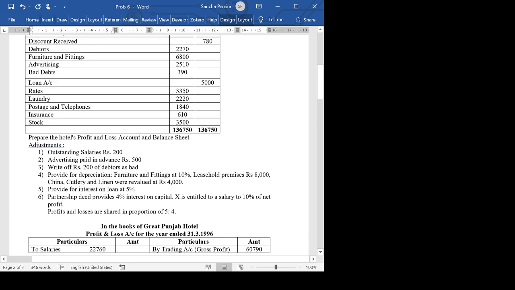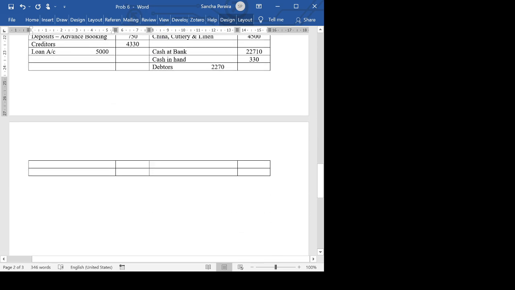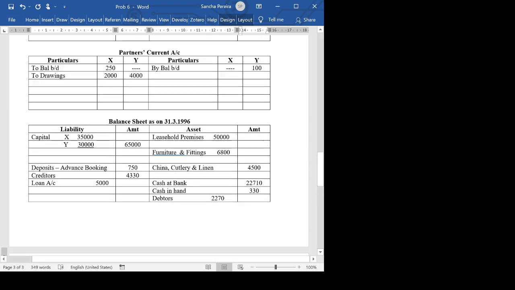The last thing is stock, which is closing stock, 3,500. Okay, so we have done all the postings.